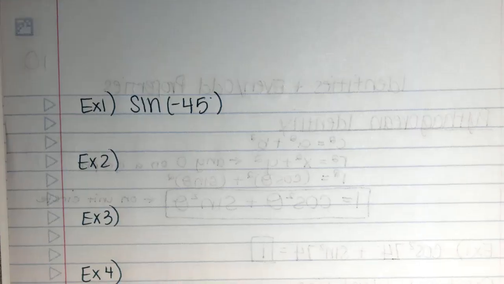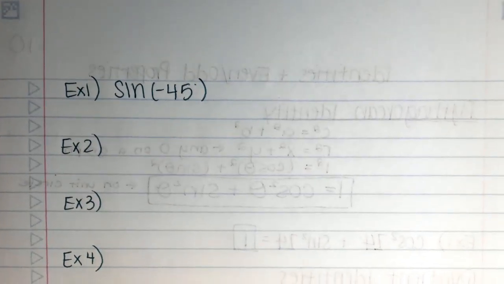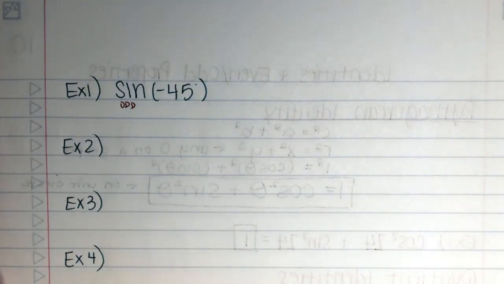The sine of negative 45. Yesterday we learned how to do this. What did I tell you to do? Add 360. You can still do that. Or you can apply the even odd property. Is sine even or odd? Odd. If it's odd, what happens to my negative?